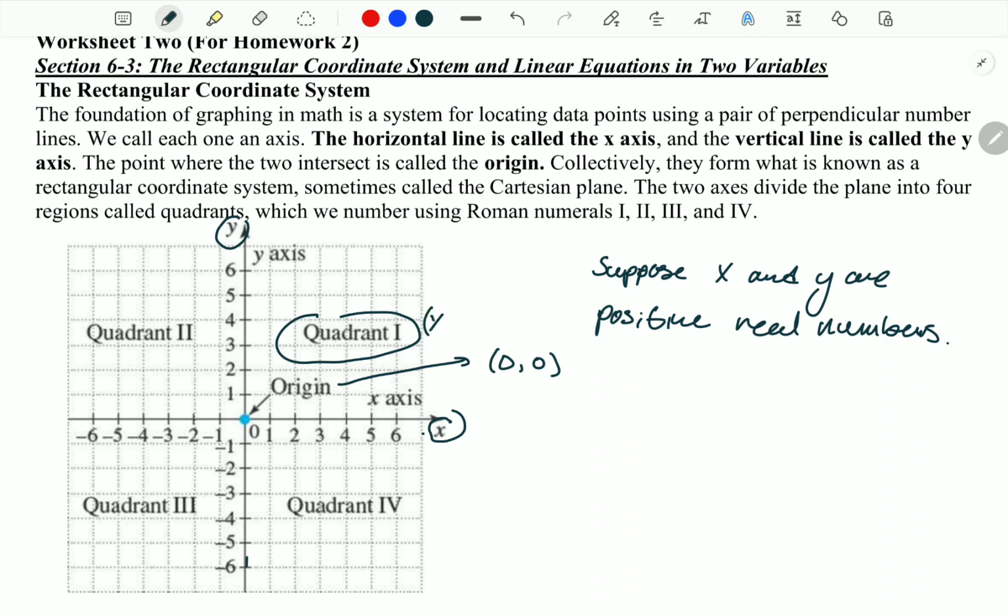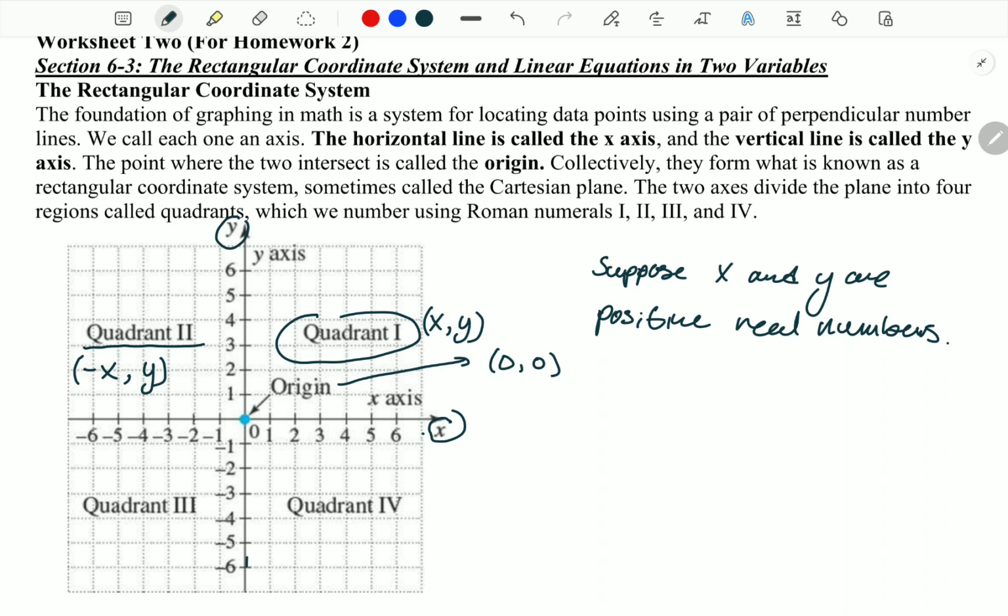So X is positive, Y is also positive. But when we move over to quadrant number 2, the X is negative, but the Y's remain positive. So our X is negative, our Y is positive.